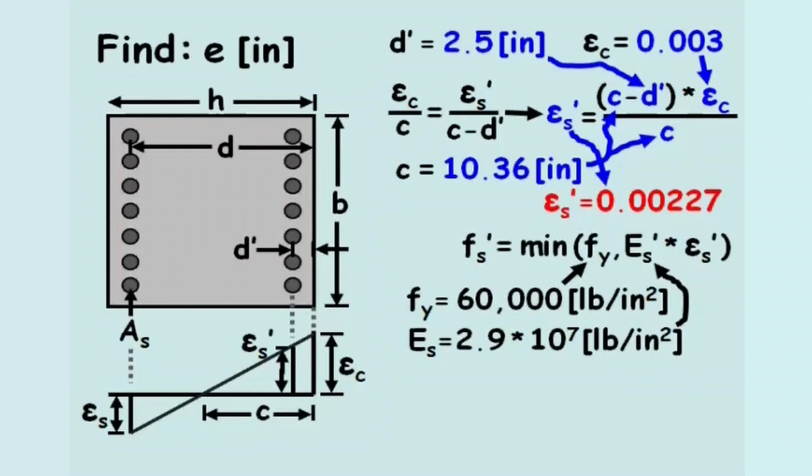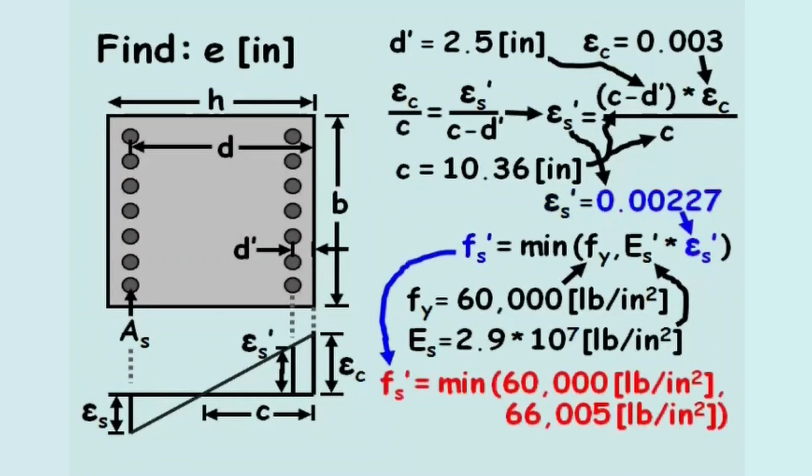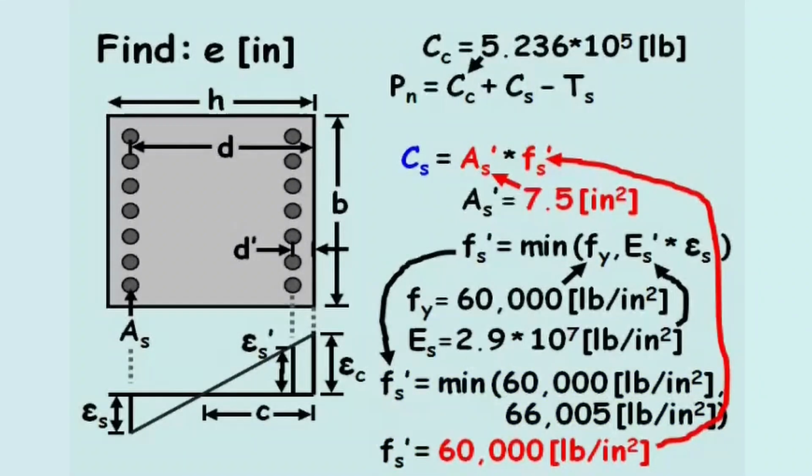Plugging this value in for epsilon s prime, the stress in the compression steel is the smaller of 60,000 pounds per square inch and 66,005 pounds per square inch, which is 60,000 pounds per square inch. Returning to our equation for the compression force in the compression steel, this compression force equals 4.5 times 10 to the 5 pounds.